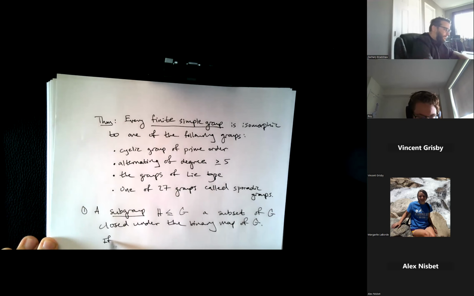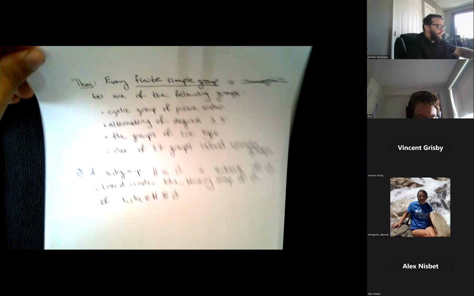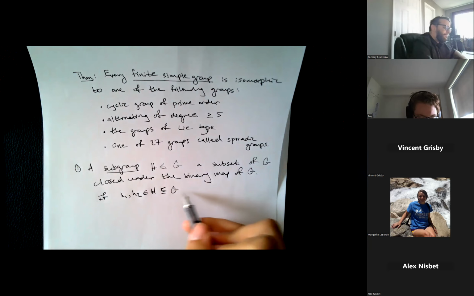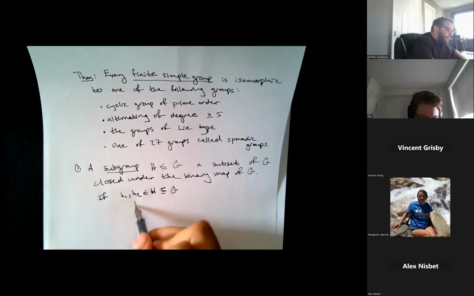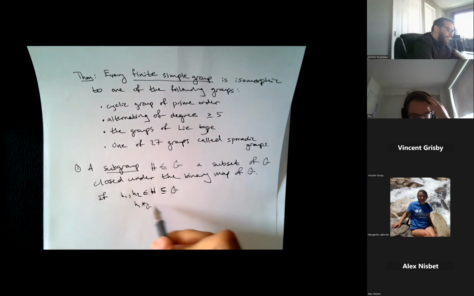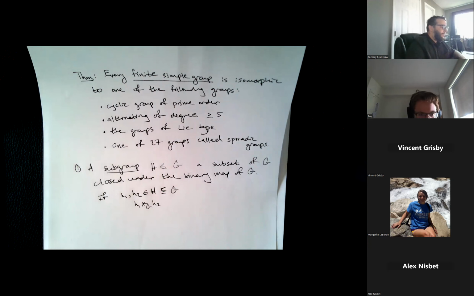So if h1 and h2 are in H, which is a subset of G, then since it's a subset of G, we can apply this binary map from G, right? So that's h1 star h2. I'll write the star here again so we understand.